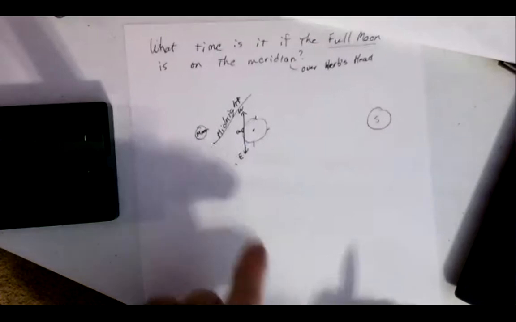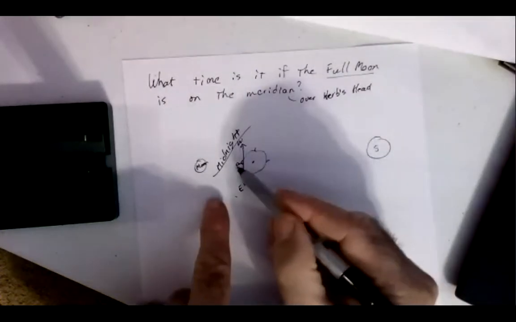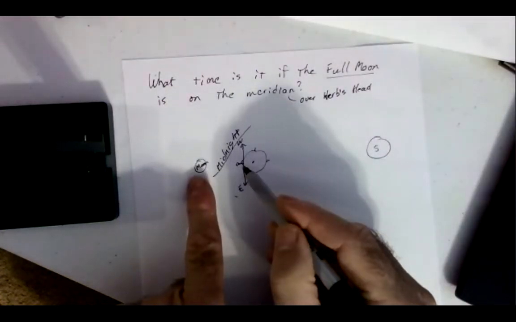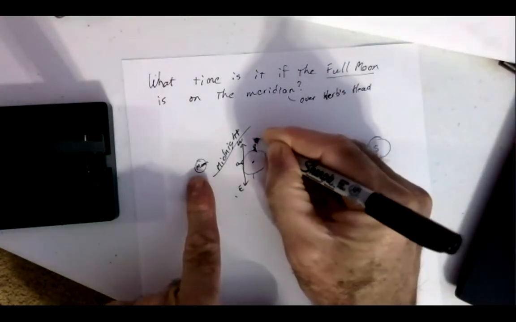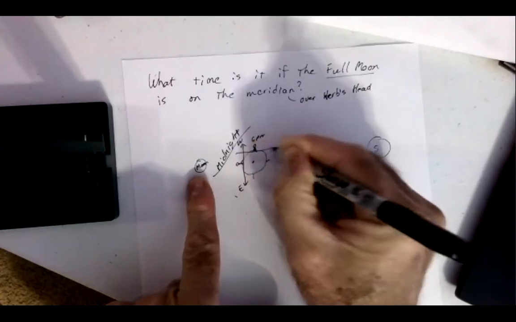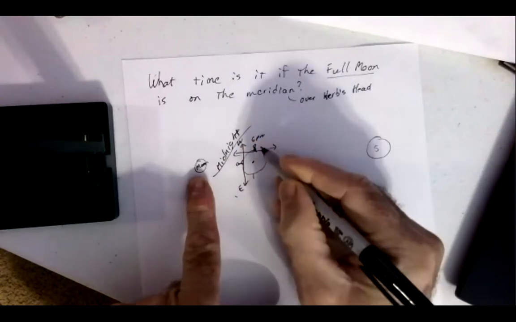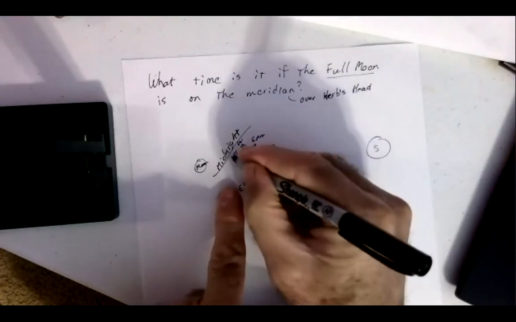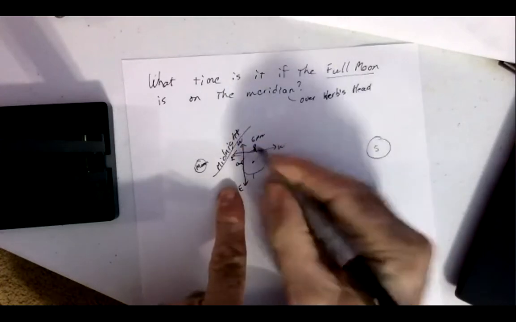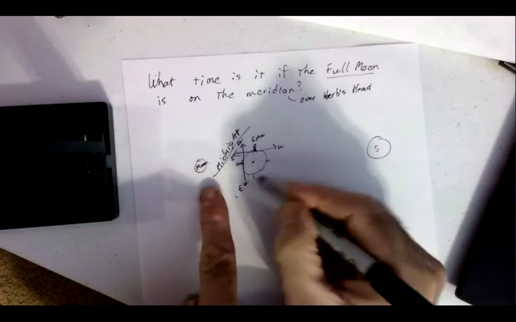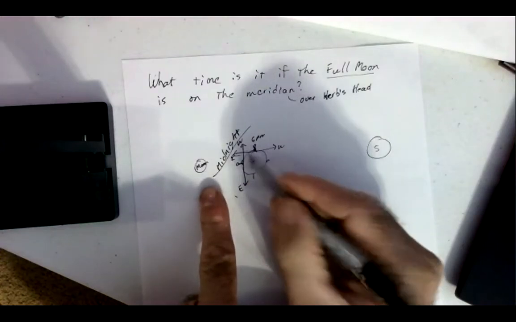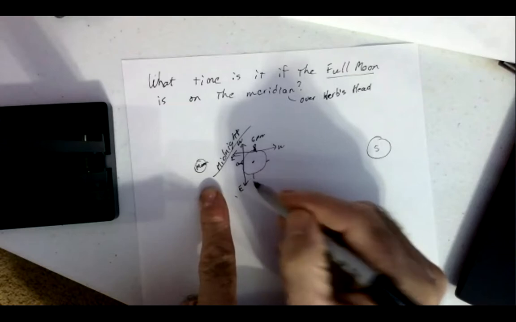So right here, at midnight, the full moon is on his meridian, overhead, straight overhead. But at 6 p.m., the full moon is not on his meridian, is it? No, it would be in the east. It would be just rising at 6 p.m. So it depends on what time it is, whether it's rising, over the meridian, or setting.